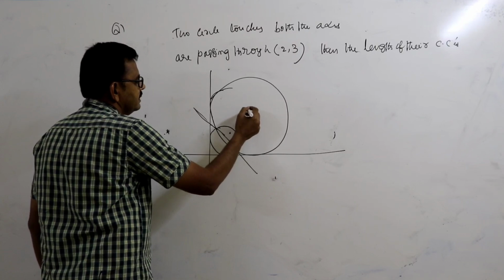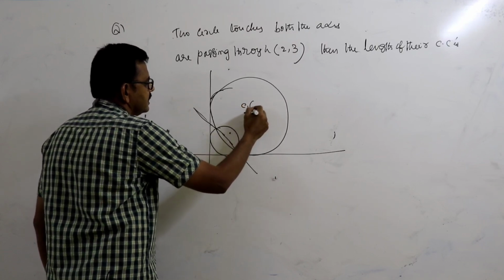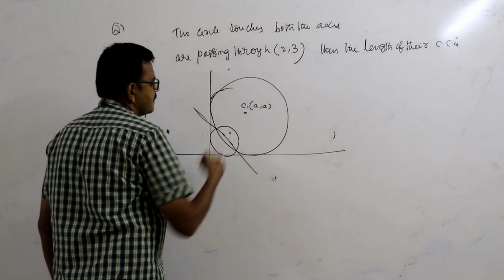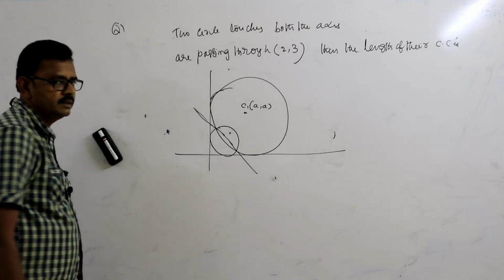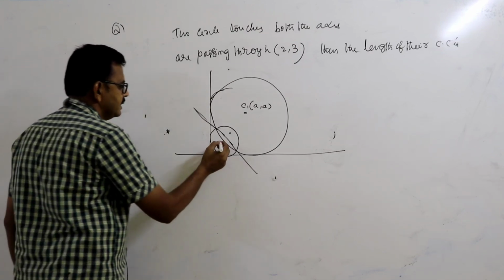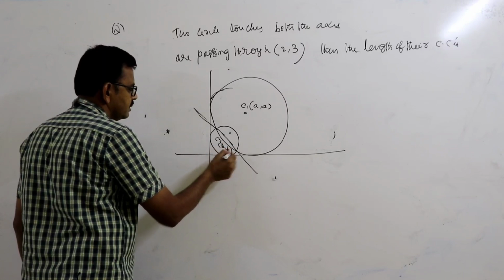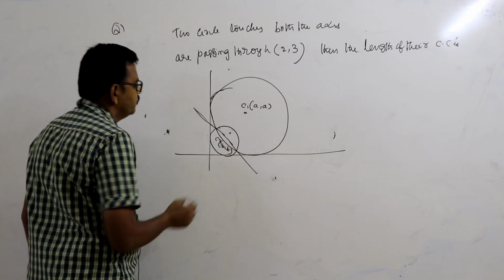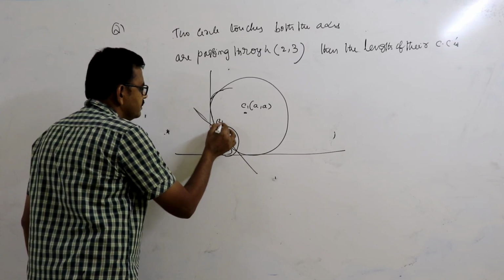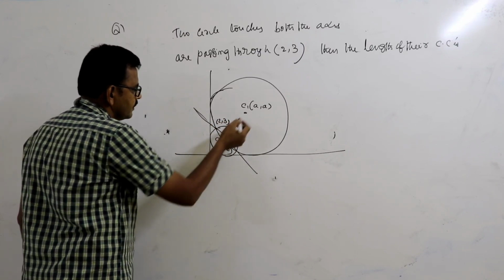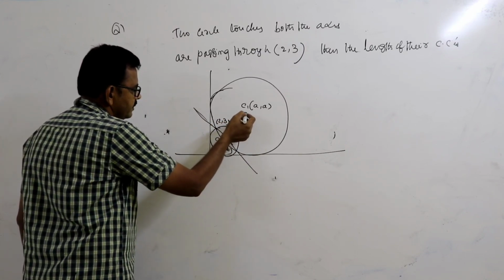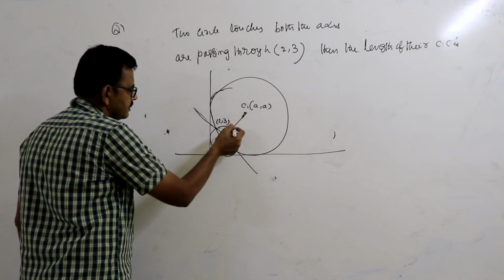Let the center of the circle be (a, a), as the circle touches both the axes. Let this be C1. Let the center of the other circle be C2, (b, b). Both are passing through the point (2, 3).